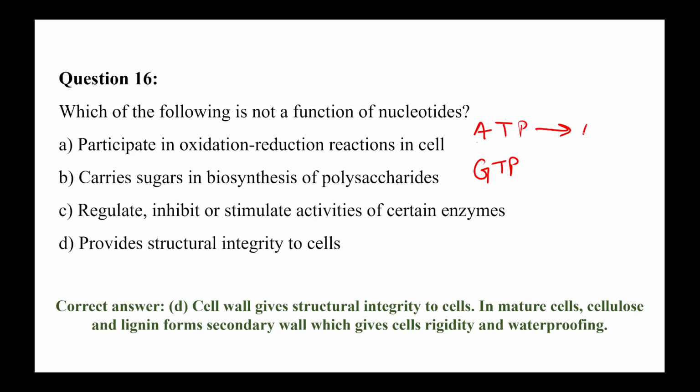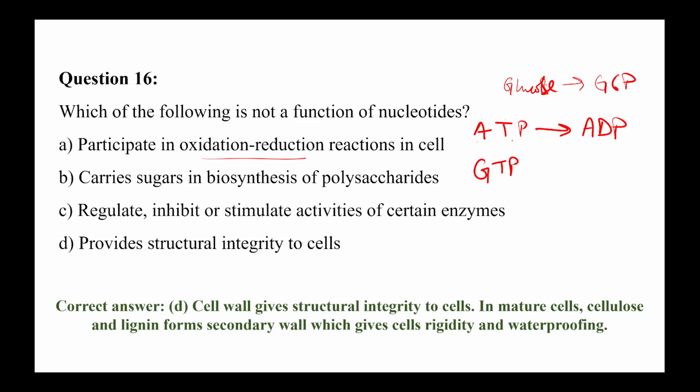They can get converted from ATP to ADP, reduced from ATP to ADP, and give their phosphate to another molecule. So let's say we have glucose. Glucose can become glucose 6 phosphate with the help of ATP. So oxidation reduction reactions are carried out by nucleotides.